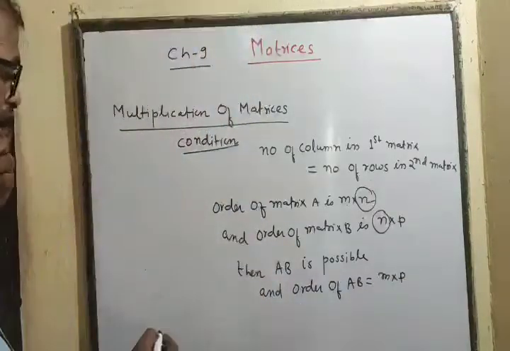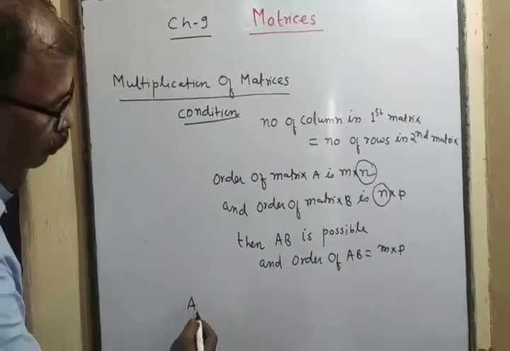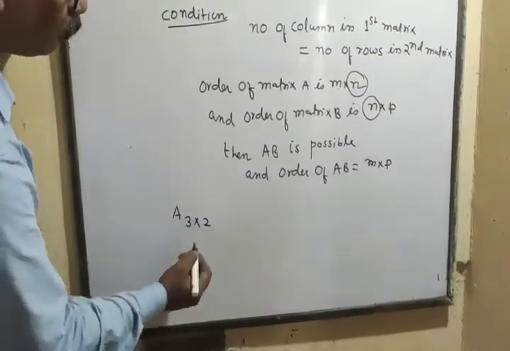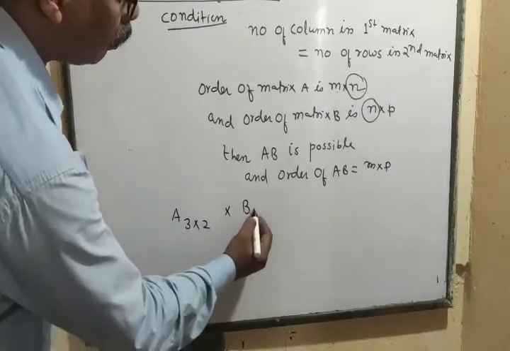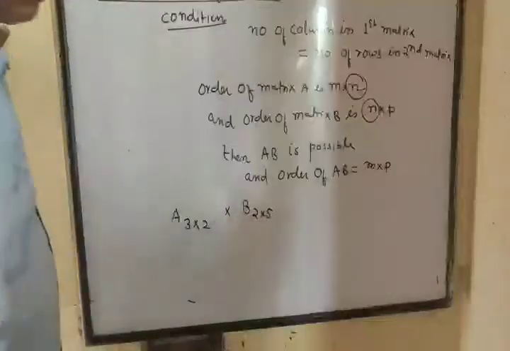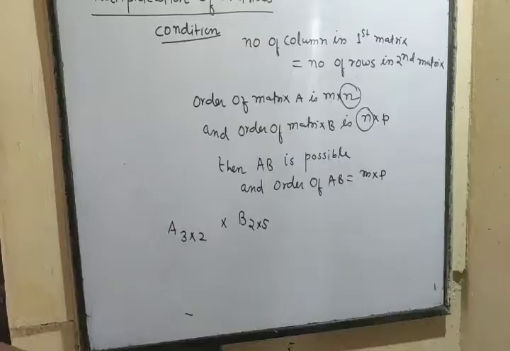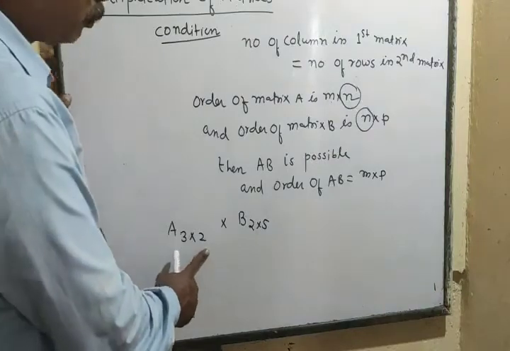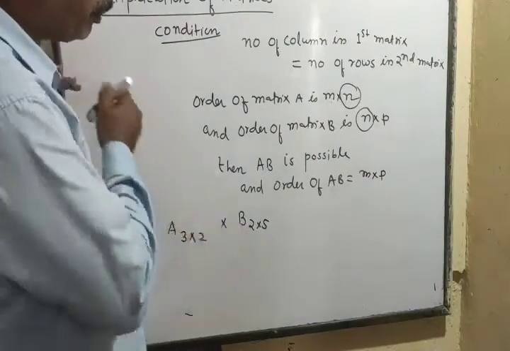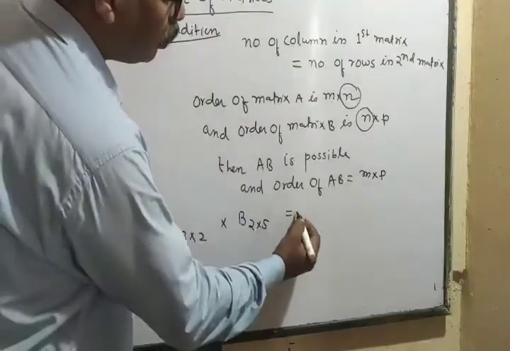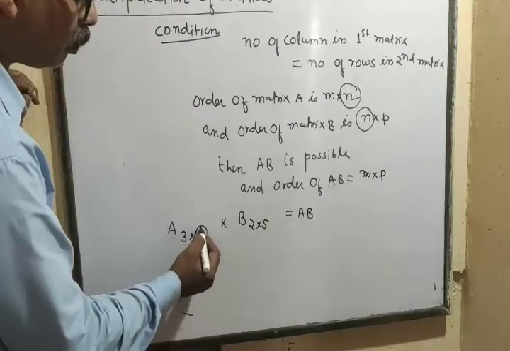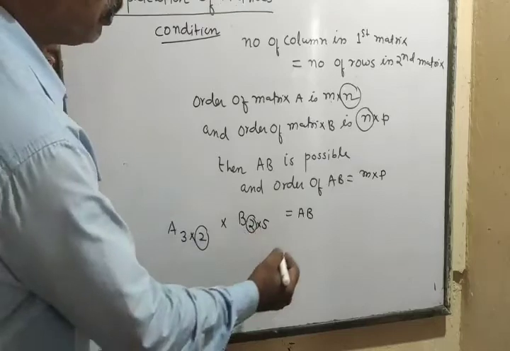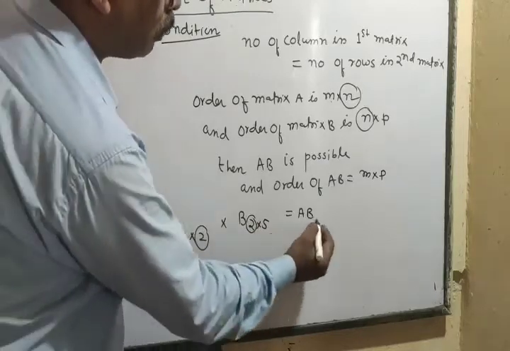For example, if A of order 3 into 2 is multiplied to B of order 2 into 5, the order of AB will be, see, the number of columns is equal to the number of rows, so its order will be 3 into 5.